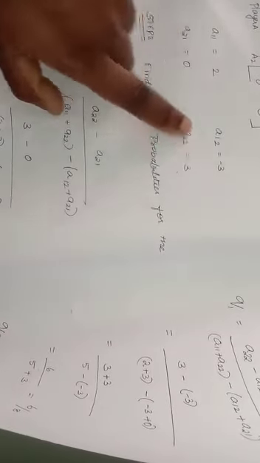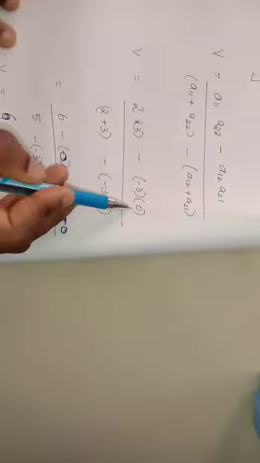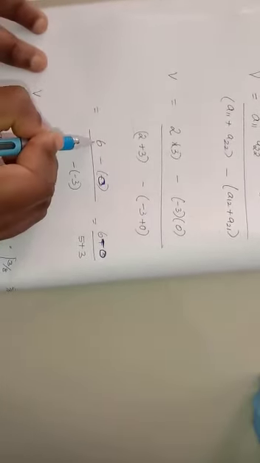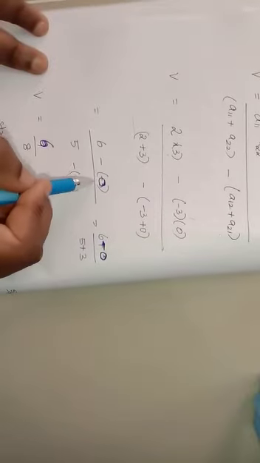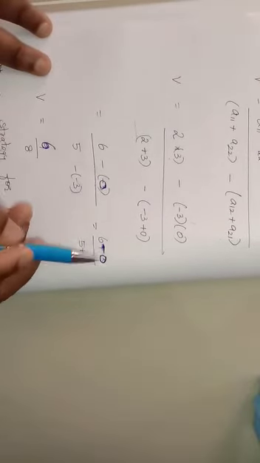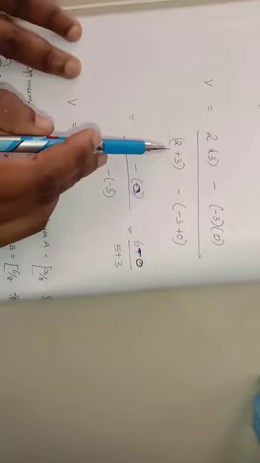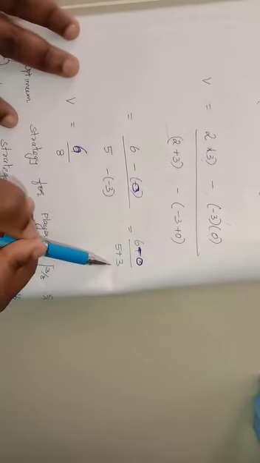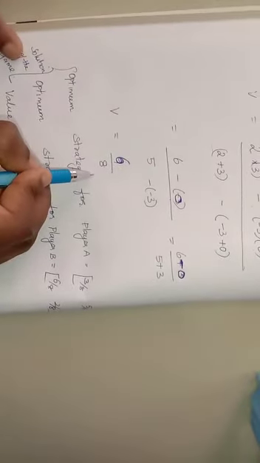So it is 2 into 3 minus A12 value, which is minus 3, into A21 value, which is 0. You have to multiply this. So 2 into 3 will give you 6, minus 3 into 0 will give you 0. So 6 minus 0 divided by 2 plus 3, which is 5, minus of minus 3 will give you 5 plus 3. So the value will be 6 by 8.